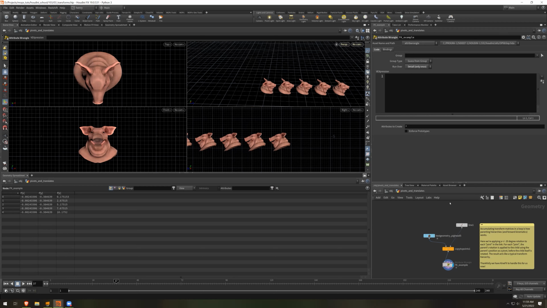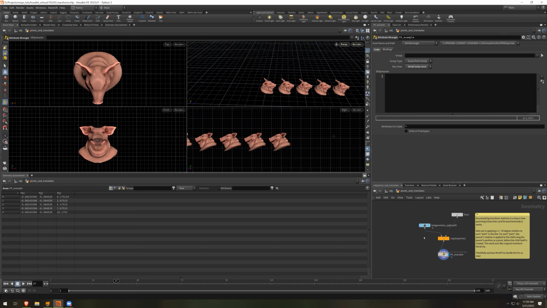This is going to be a lot of VEX, and I apologize for it, but bear with me here and feel free to ask questions if you get stuck, just chime in. So what I'm going to do is take all 5 of these pig heads in a row, and I'm going to rotate each one of them locally by about 5 degrees.